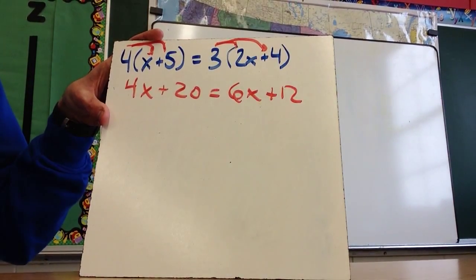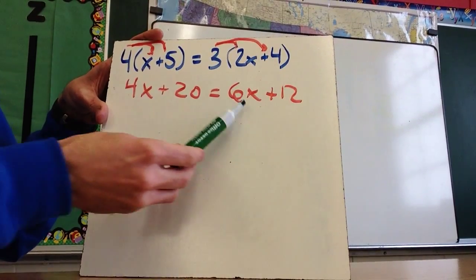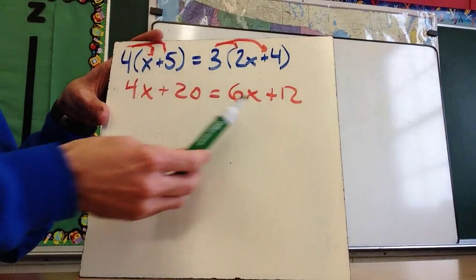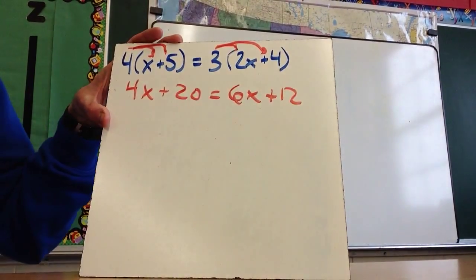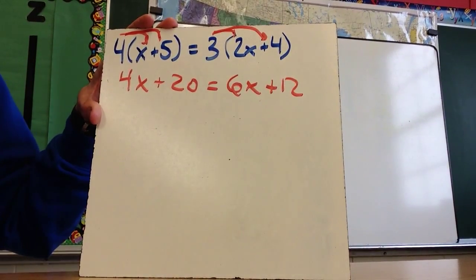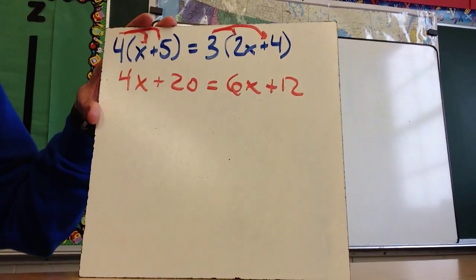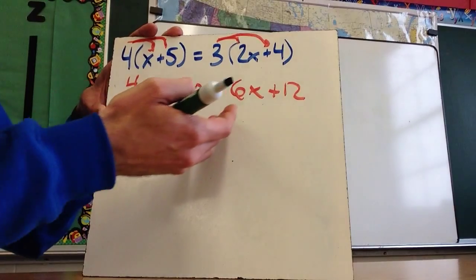Now, you have a lot of options as to what you would want to do. You could subtract 4x from both sides. You could subtract 20 from both sides. You could subtract 6x from both sides, or you could subtract 12 from both sides, and all of those would be correct first steps. Personally, because I think most of you like to deal with positive numbers, I would subtract the smaller x from the larger x.